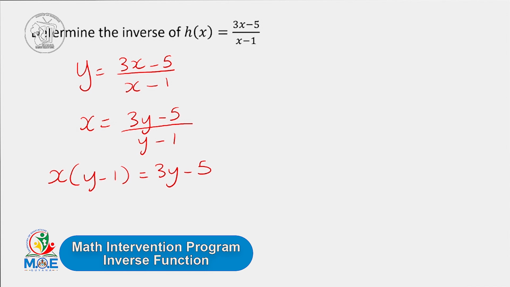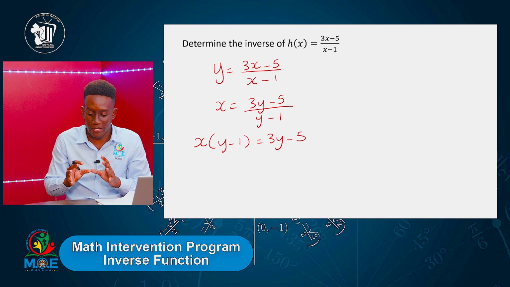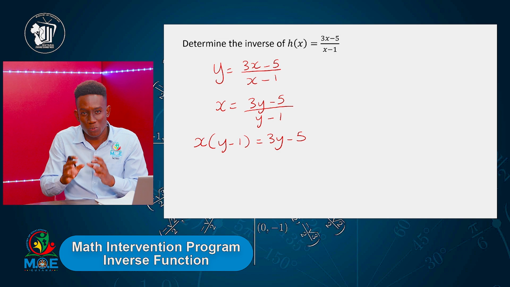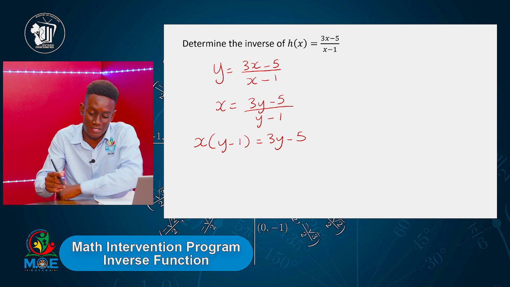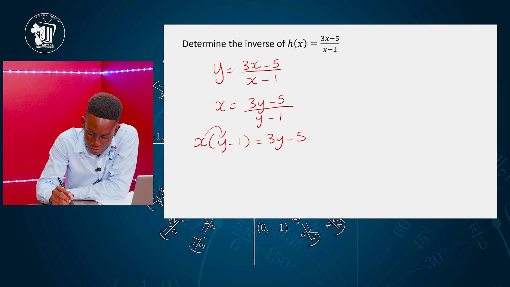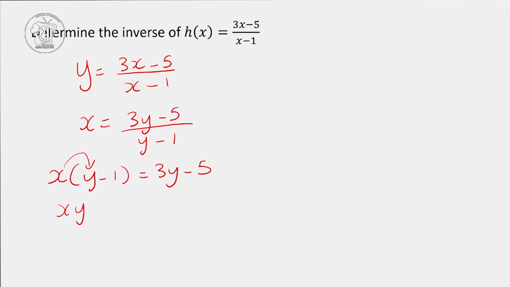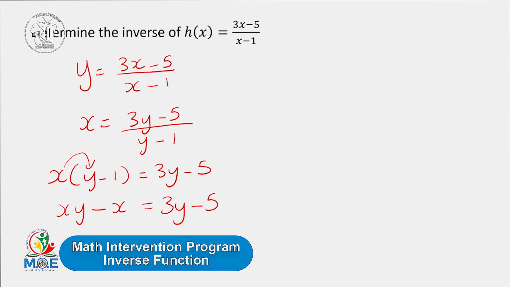We want to distribute this x throughout this bracket, to get rid of the brackets. So x times y would give us xy, and x times negative 1 would simply give us negative x, and that is equal to 3y minus 5.